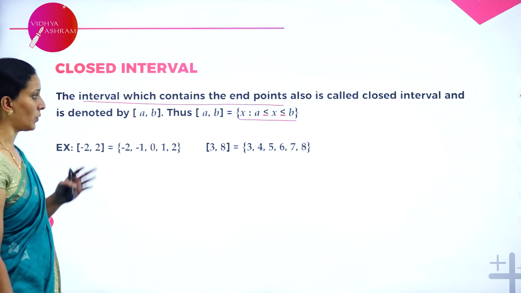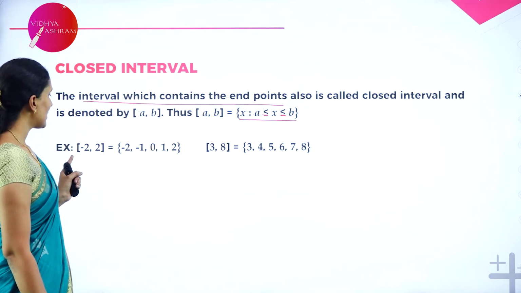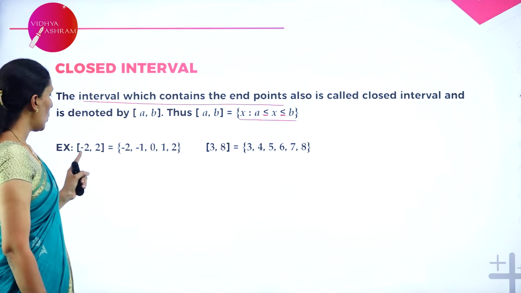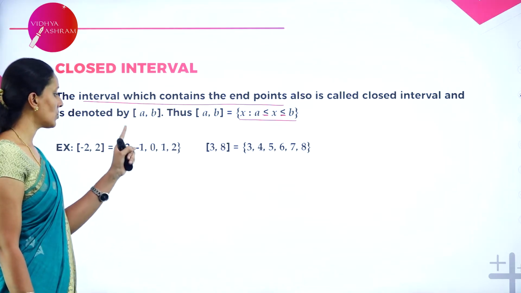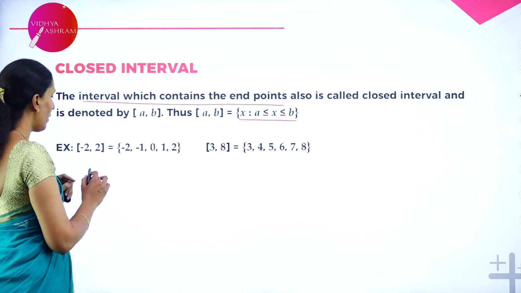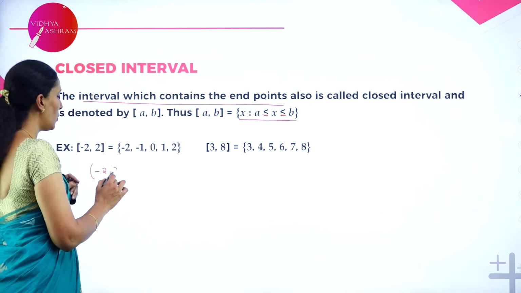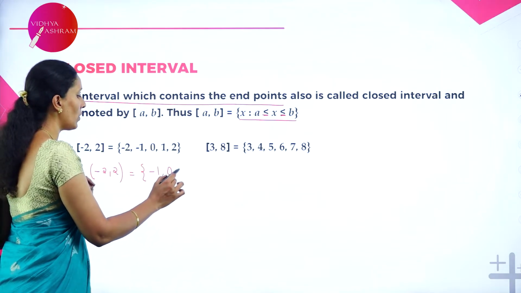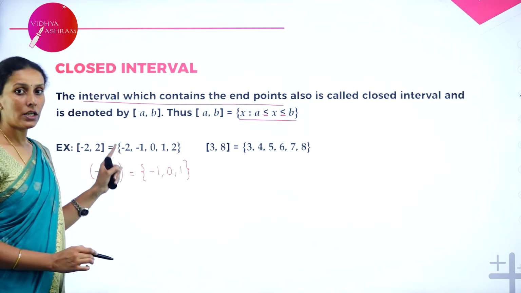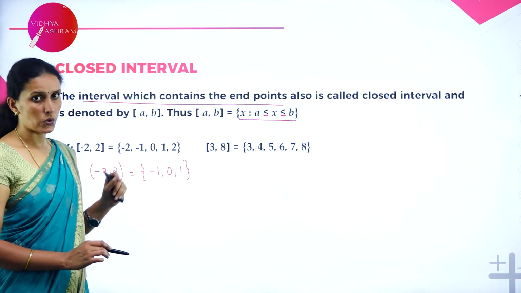Here is an example I have taken. Closed interval [-2, 2] means I need to take -2, -1, 0, 1, 2. But when I write (-2, 2) as an open interval, I have only 3 elements, that is -1, 0 and 1. So, this is the difference between open and closed intervals.